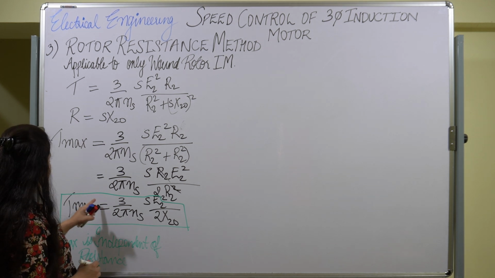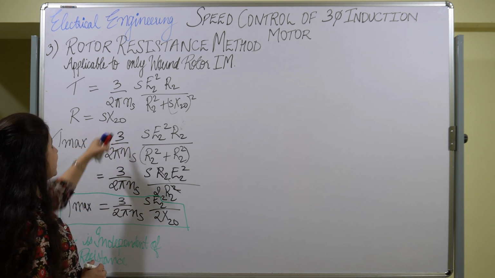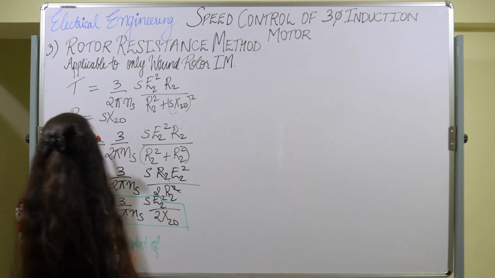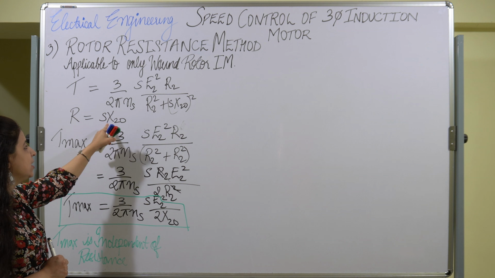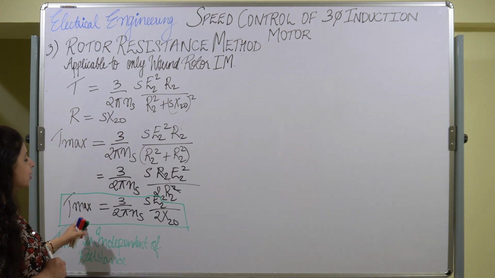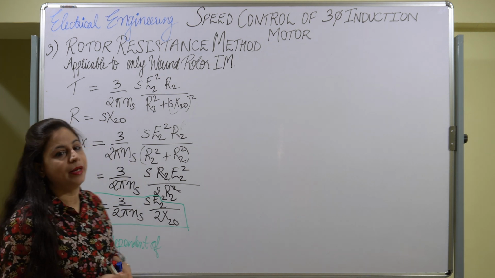But my resistance is depending upon my slip, because when the condition R2 = s X2 naught holds, then only I attain the maximum torque. So maximum torque is independent of the resistance, but the resistance is definitely depending upon the slip.